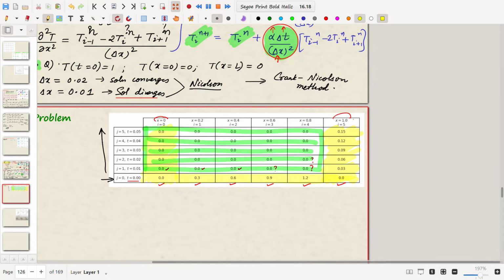Based on the past value, you can compute the future one. So tell me what these values are. All the data is in this figure.